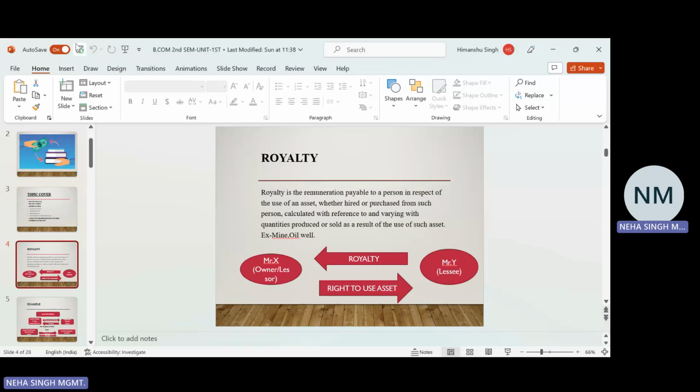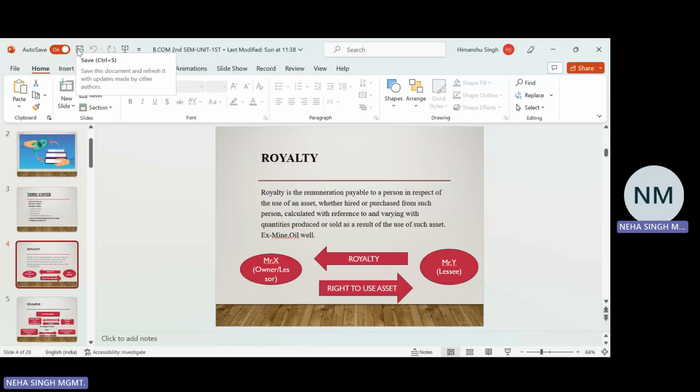On my left side you have Mr. X, and on my right side is Mr. Y. Mr. X is the owner or lessor of the company, and Mr. Y is the lessee. So what happened between these two parties?